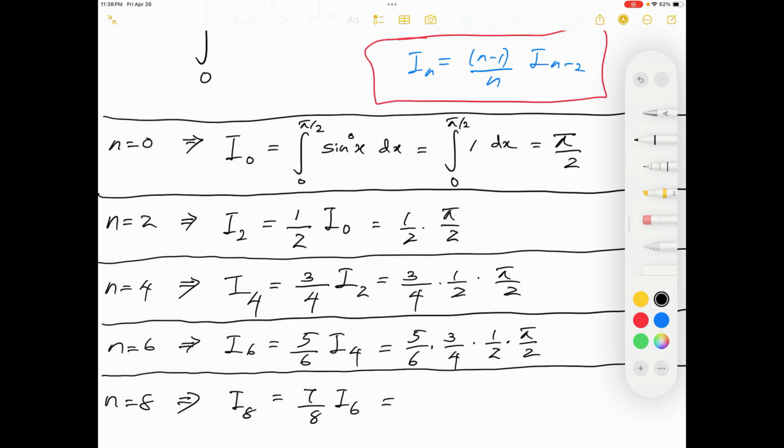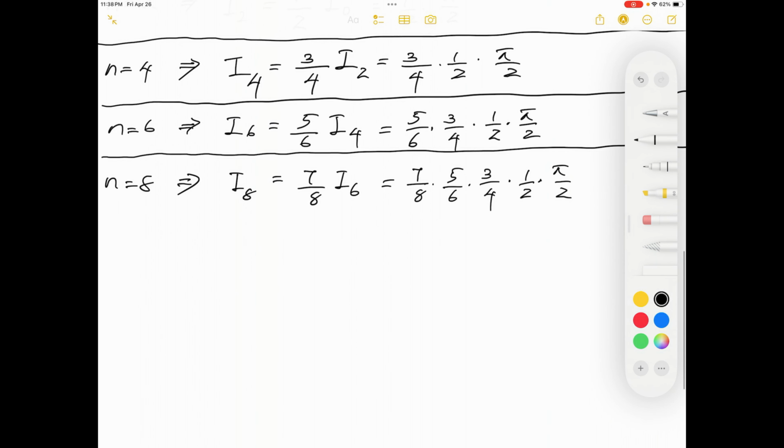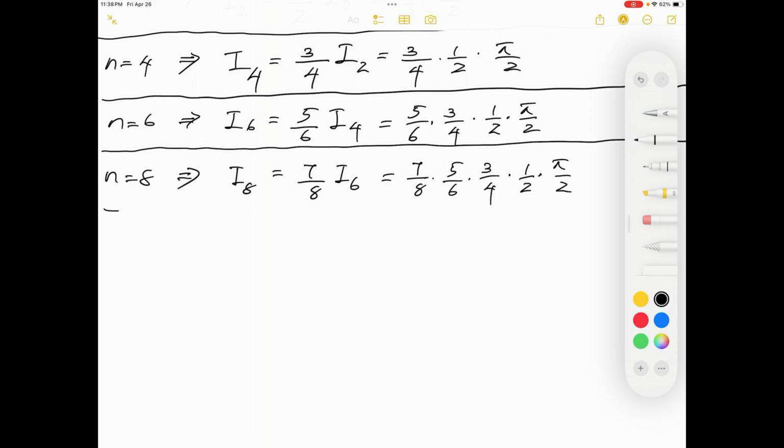With n equals 8, it becomes I sub 8 minus 2, which is 6. I sub 6 was calculated in the previous step, and that's equal to all of these. And therefore, this term becomes 7/8 times 5/6 times 3/4 times 1/2 times pi over 2.